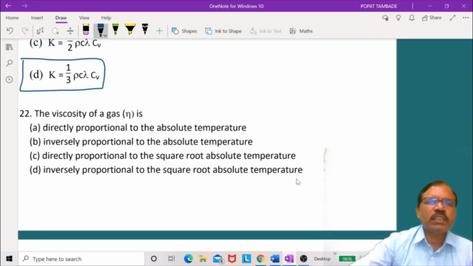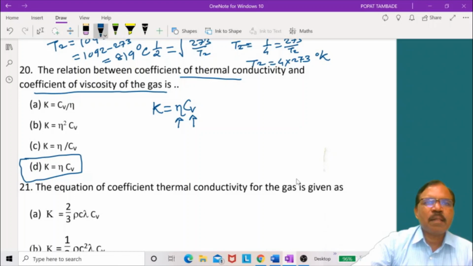Now the viscosity of gas, coefficient of viscosity of gas, that is eta, is directly proportional to the absolute temperature, inversely proportional to the absolute temperature, directly proportional to the square root of absolute temperature, inversely proportional to the square root of absolute temperature. Now we know what eta is.